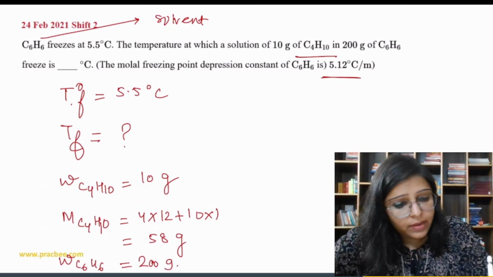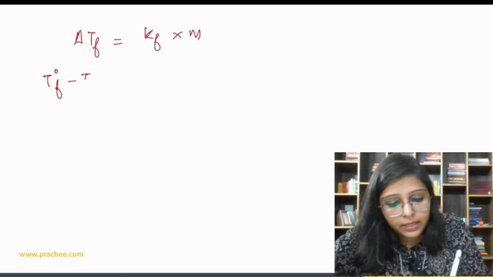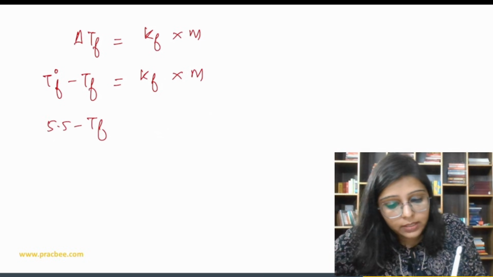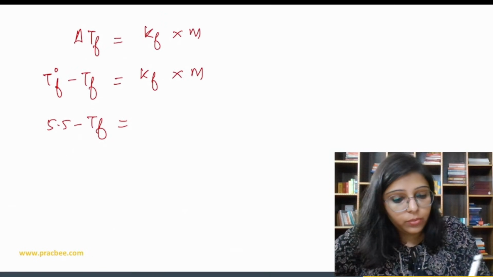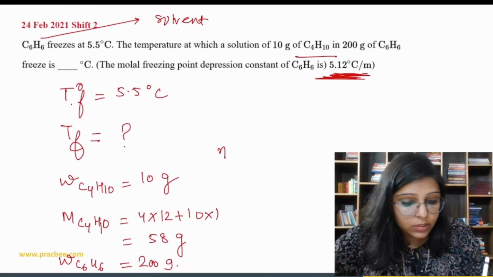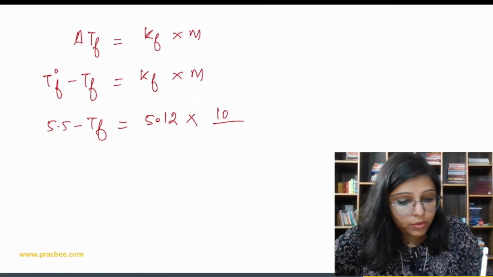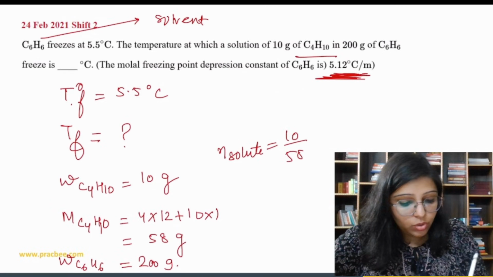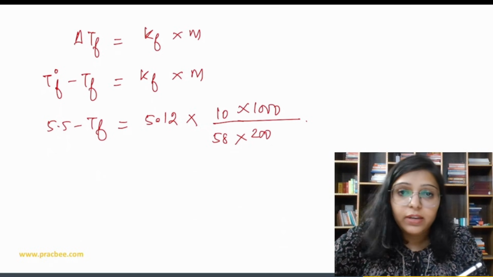So let's solve this. Kf value is given. So delta Tf is equal to Kf into molality, that is T naught F minus Tf is equal to Kf into molality. T naught F is 5.5 minus Tf. Kf value is 5.12. So 5.12, and molality, number of moles of solute, is equal to 10 upon 58, and solvent mass is 200 divided by 1000, because we have to find this in kg.